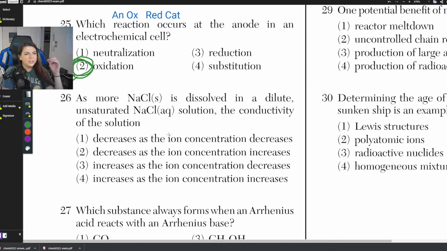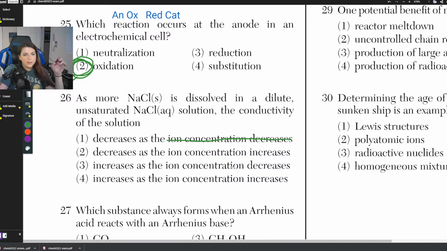Okay, question 26. As more NaCl is dissolved in a dilute, unsaturated sodium chloride solution, the conductivity of the solution blank. We are dissolving more and more of the sodium chloride in the solution, so the concentration is not decreasing.